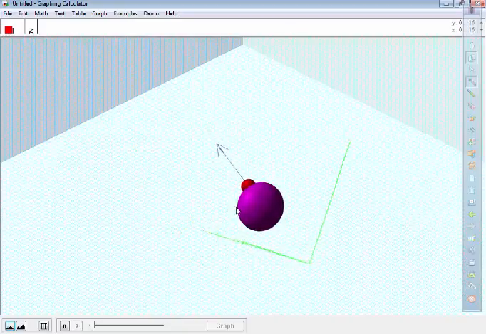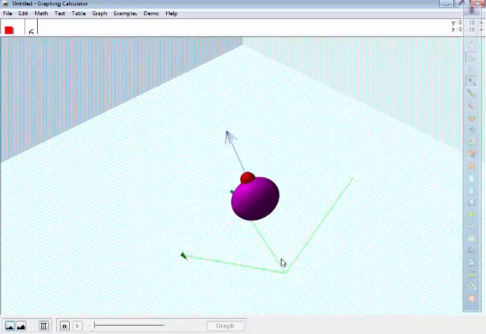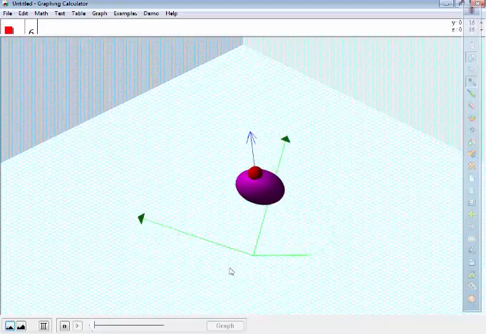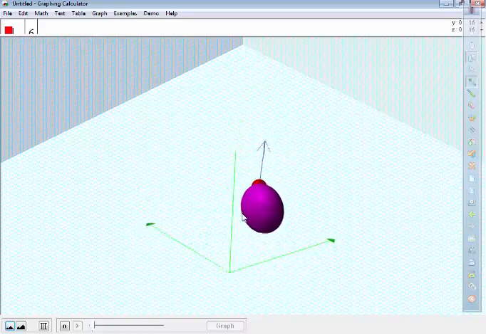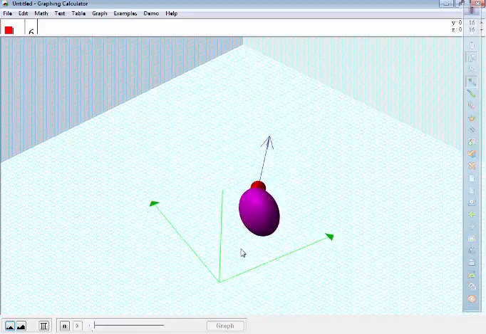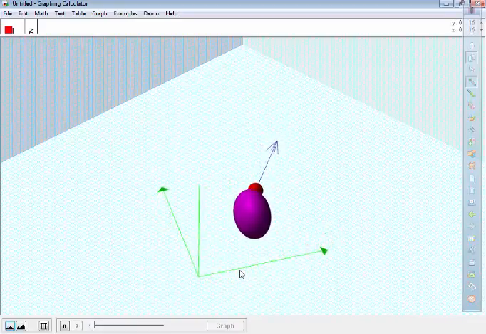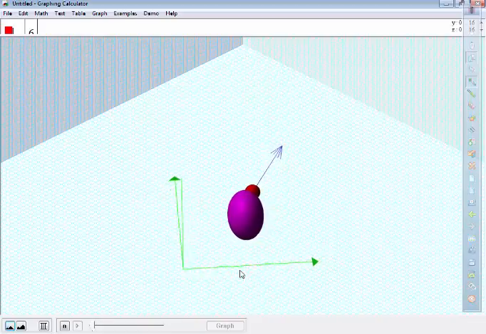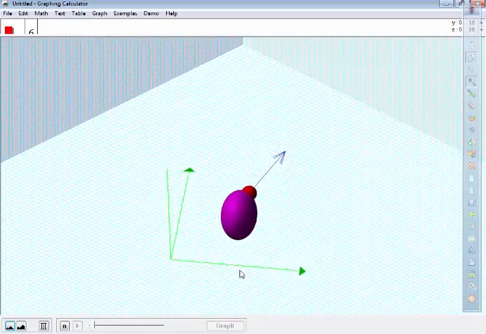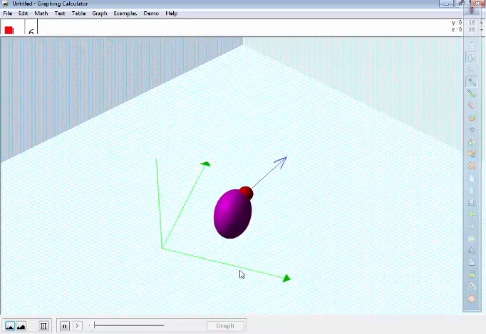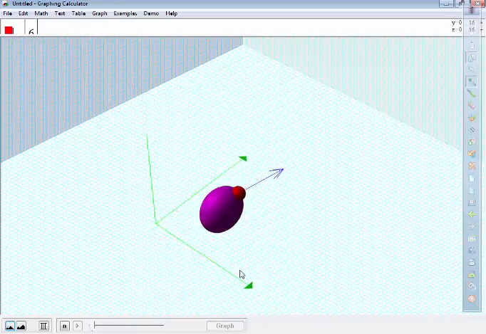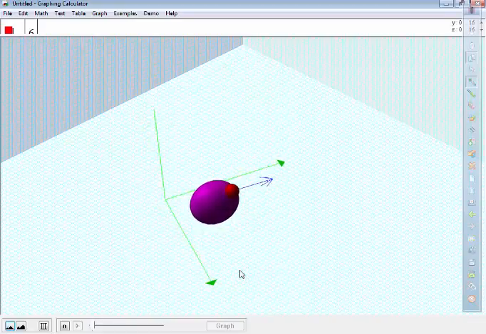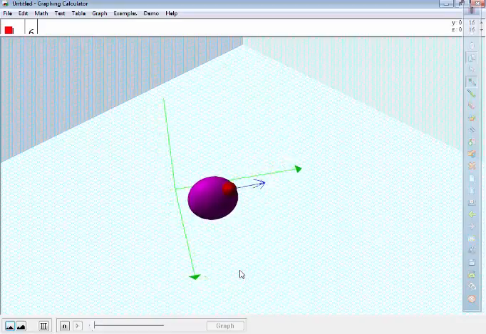If we take a look at this, its aspect ratio is a normal aspect ratio, 1 to 1 to 1. Sometimes if you change the aspect ratio and stretch along the x, then it doesn't look like it's perpendicular anymore. But over here, the aspect ratio makes it look perpendicular. And so this is normal.